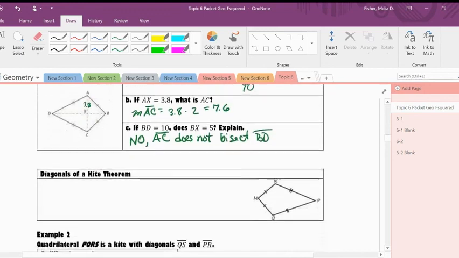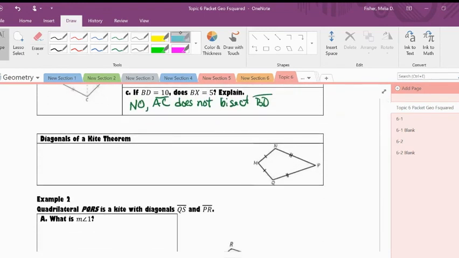Let's go ahead and fill in the diagonals of a kite theorem. Of course, this is something that you may need to use in a proof, may need to use for your notes, so highlight it so it's easy to find.